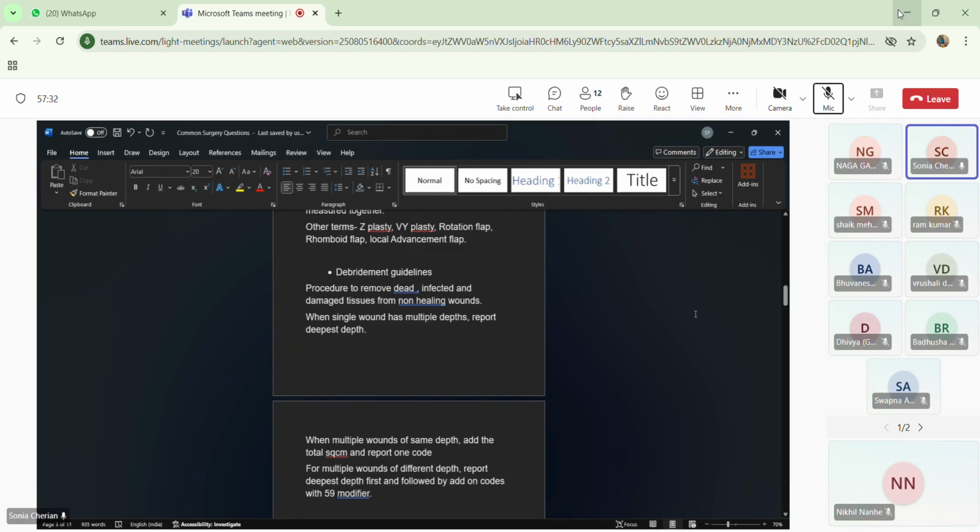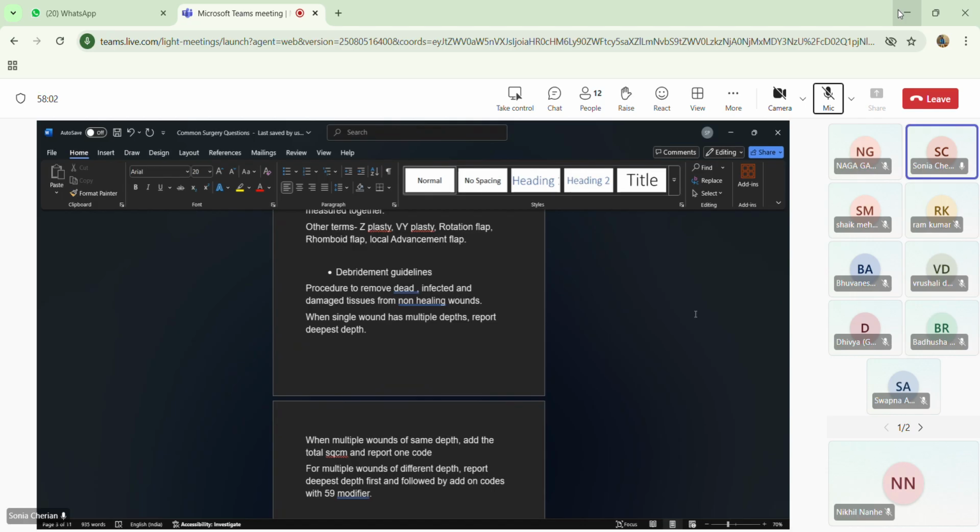Now, if the two to three wounds they have are of different depth, one wound they have debrided till bone, another wound till the subcutaneous tissue, and the third wound till the fascial level or the muscle level, this means these multiple wounds have different depths. In that case, you have to report the deepest depth first, followed by the add-on codes with the 59 modifier.